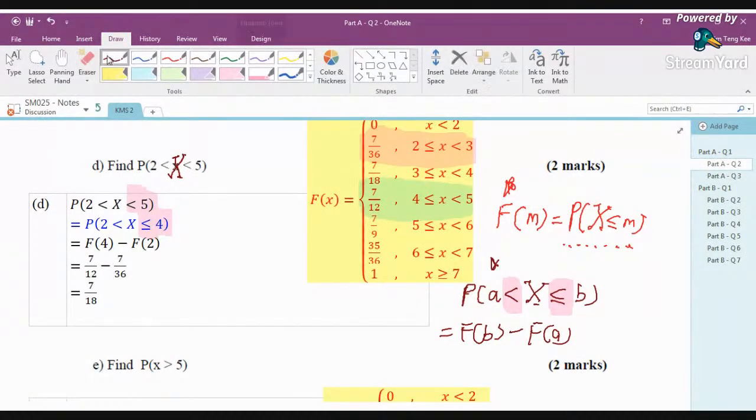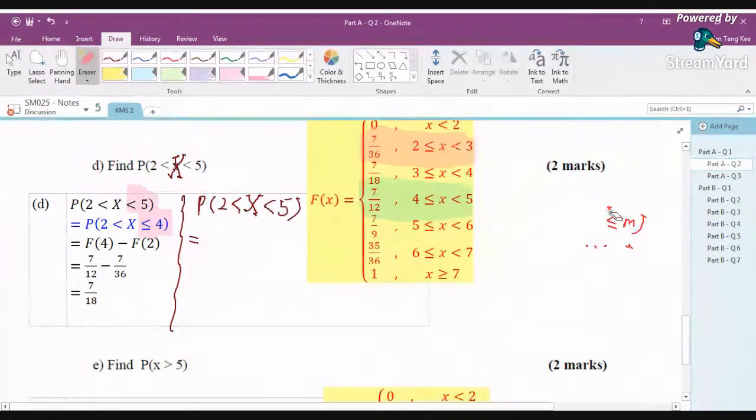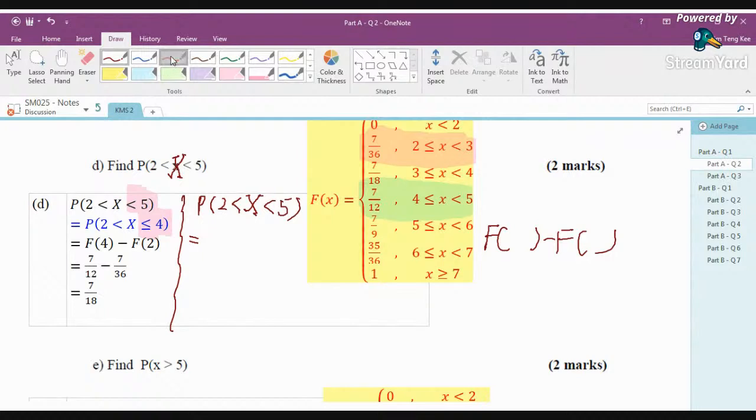Of course, again, we do not have only this way of solution. Let me show you another alternative solution, where if I don't have the idea of memorizing any formula, this way we can always do it for the case of discrete. So guys and girls, if I want to make use of cumulative, where I use F minus F to get my answer, I need to consider the definitions.